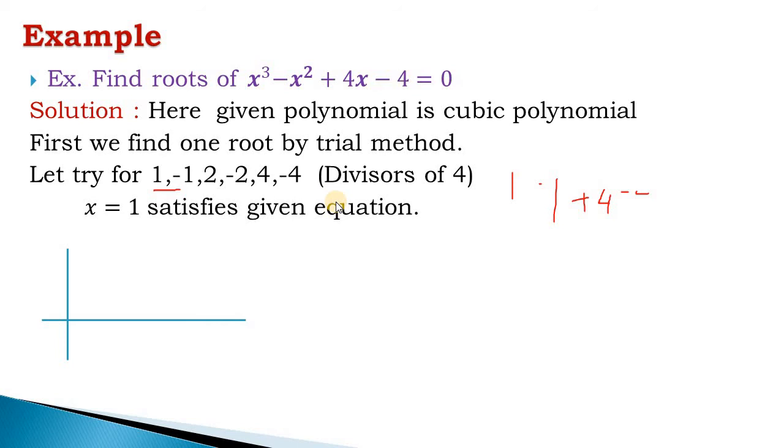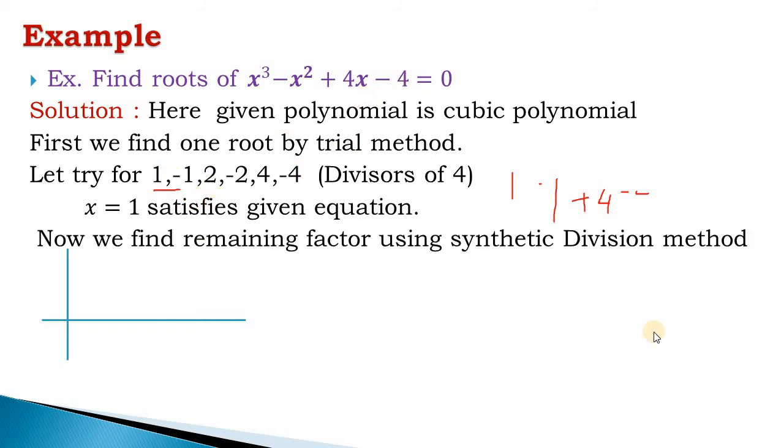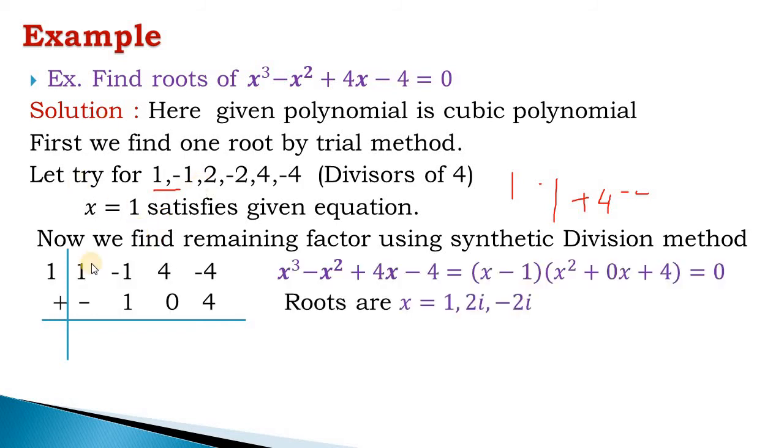Okay. Now, if we get one root, there is no need to find the remaining roots. We have to find only one root, and we find the remaining factors using synthetic division. In synthetic division, first we write, in the first row after this line, the coefficients of x cube, x square, x and the constant term.